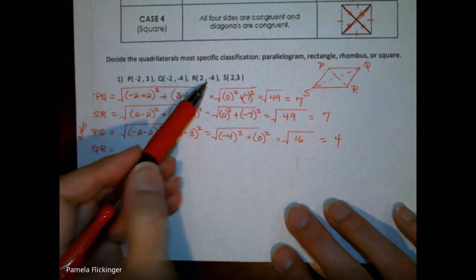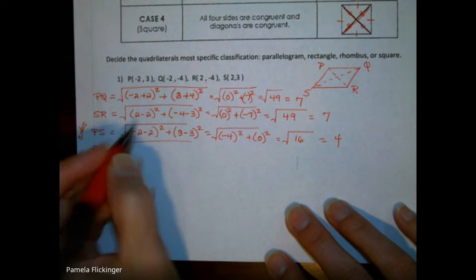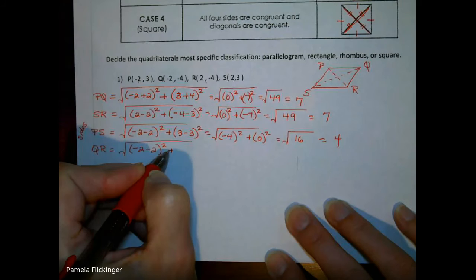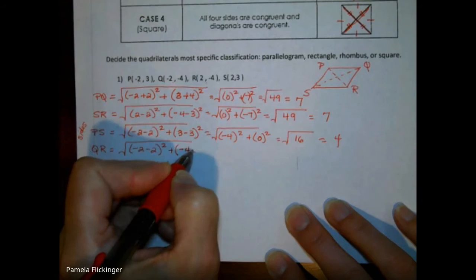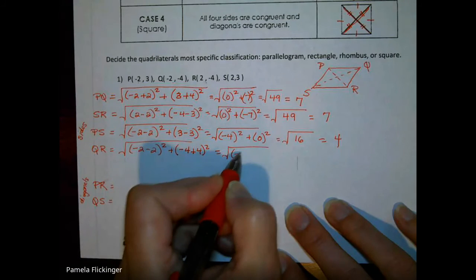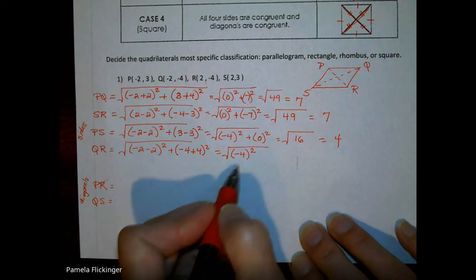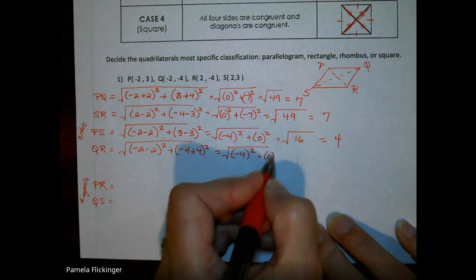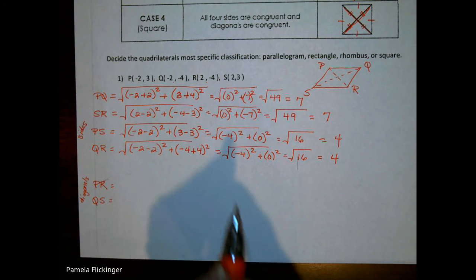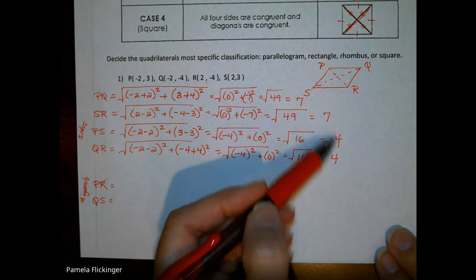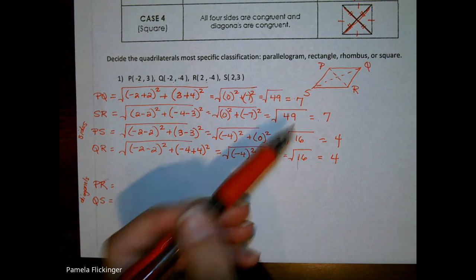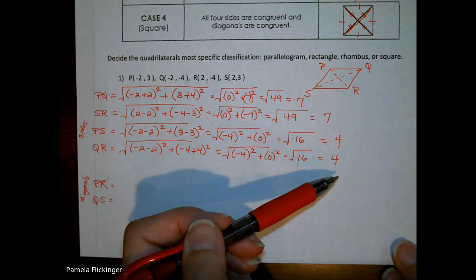And then QR, again, we've got negative 2 minus 2 to square, and then negative 4 minus a negative 4, which is really a plus 4. So again, we've got negative 4 squared plus 0 squared, which will give me the square root of 16, or 4. All right, so what this has proven is that my opposite sides are congruent, which you should get, but they're not all 4 congruent.